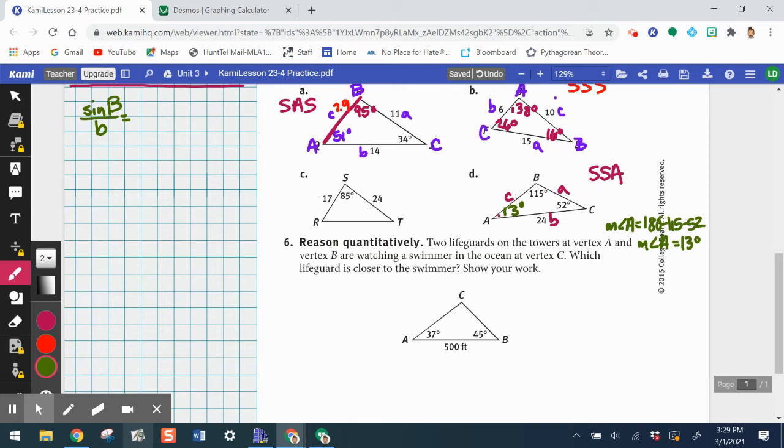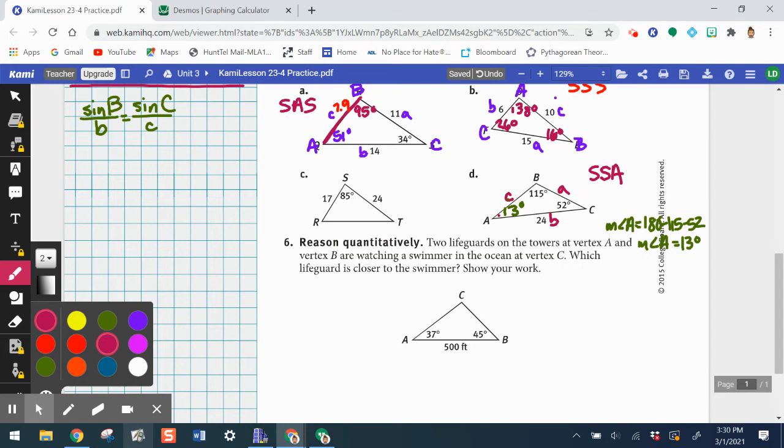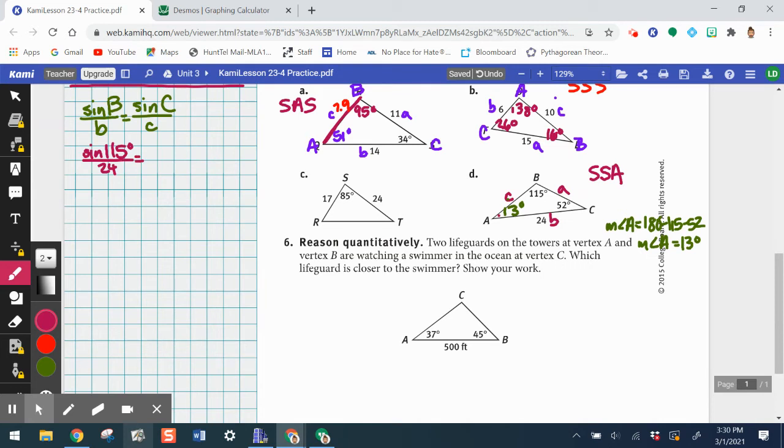So again, we're going to go and find the measure of c because we initially had angle C to start. So we'll set sine of B over b equal to sine of C over c since we're looking for c. So I'm going to replace all our known values, sine of 115 degrees over its opposite side length, which is 24, equal to the sine of 52 degrees over its opposite side length, which we don't know yet.